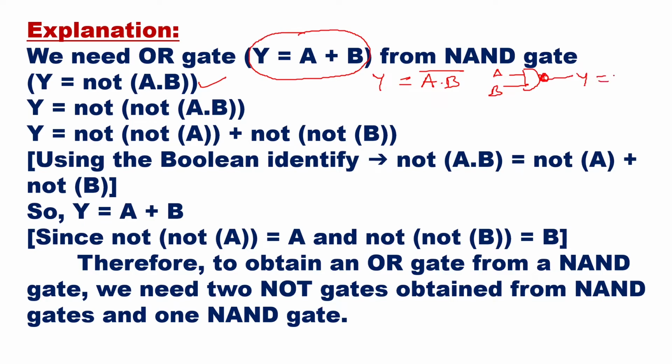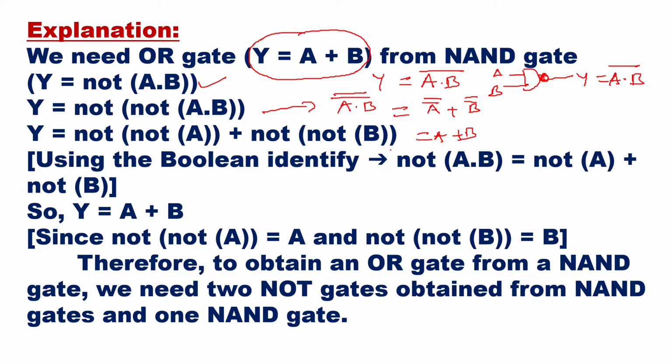So y will be nothing but (a into b) bar. Now if you take one more NAND gate, then you will get this as a bar into b bar, whole bar. Now here (a bar into b bar) bar will be nothing but a bar bar plus b bar bar, which will be nothing but a plus b.